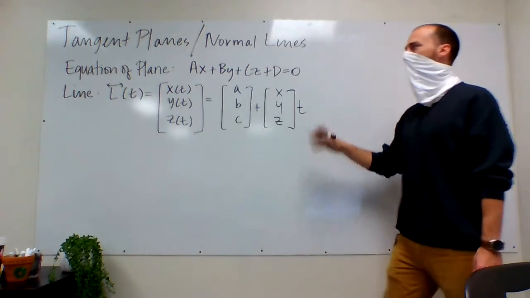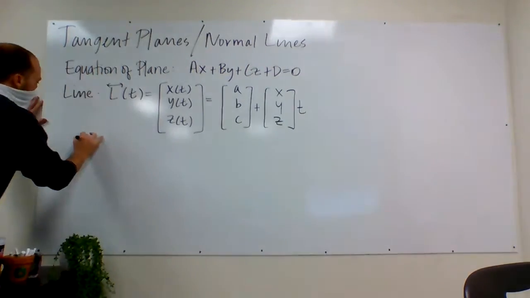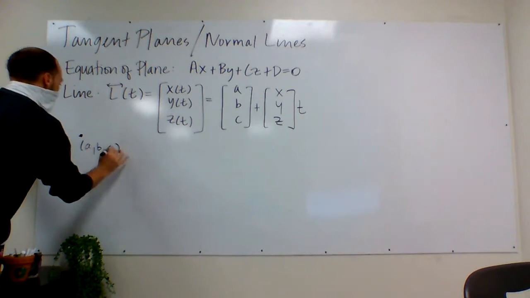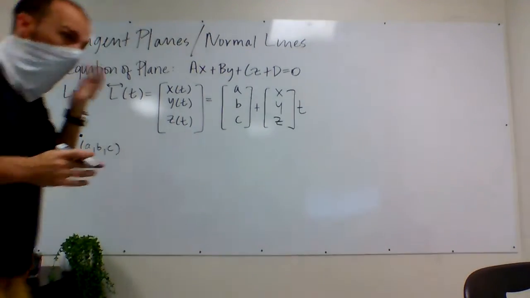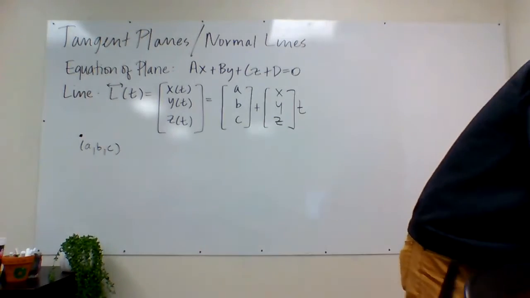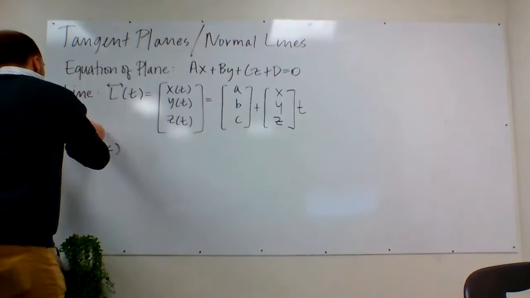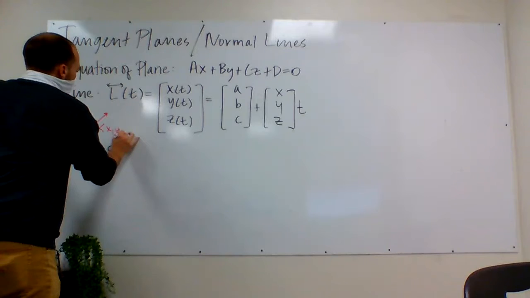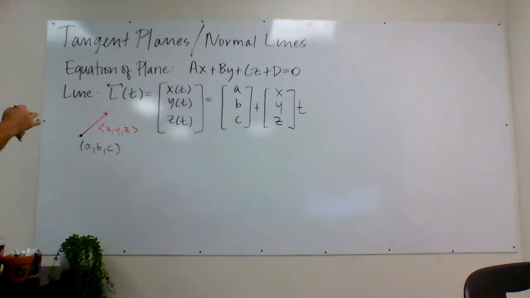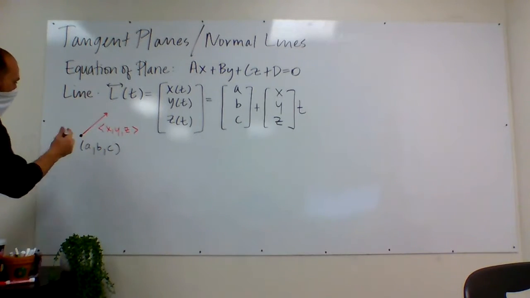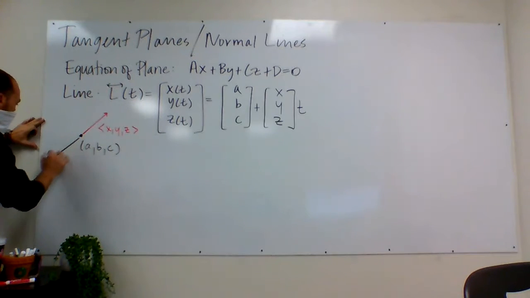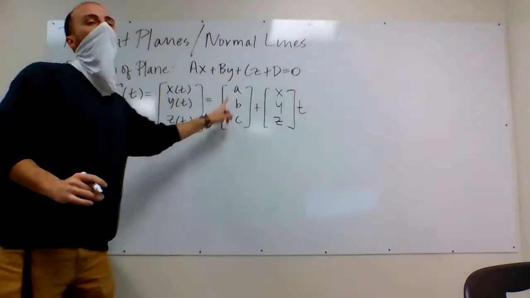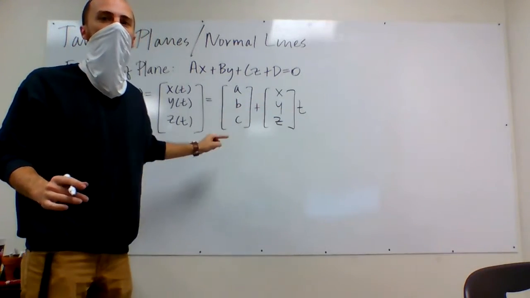Okay, and then we can kind of do this. If we have a point in space, we call that (a, b, c), and we have some trajectory, which I will draw in red, which we call the vector (x, y, z), then this whole line here is (a plus xt, b plus yt, c plus zt).